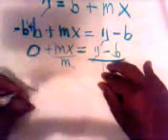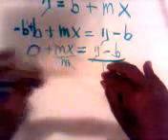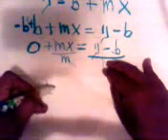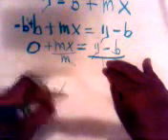So we start with this part of the left side of the equation, and m over m will give us 1. 1 that is multiplied by x is equal to negative b over m.